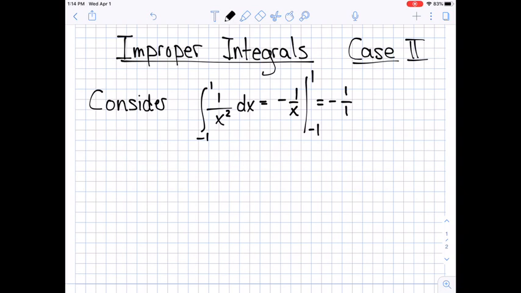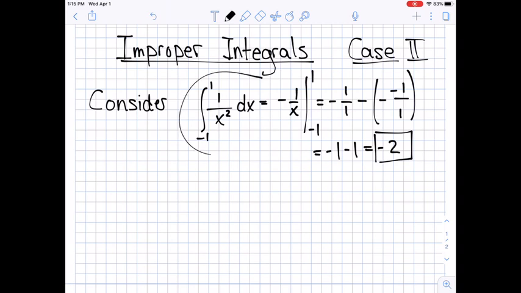We start off with -1 over 1 minus what we get when we plug in -1, which is -1 over -1. If we're careful here, we get -1, and then there's a triple negative on the second one, so we get -1, and our final answer here would be -2. And that should be the value of the definite integral from -1 to 1 of 1 over x squared.